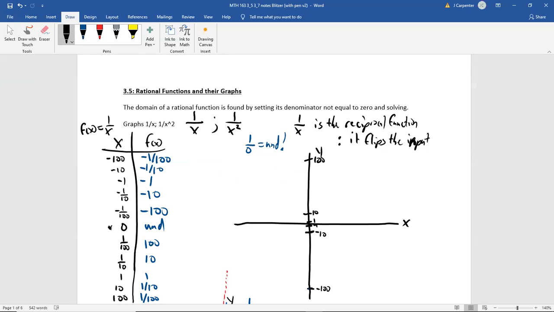So let's go all the way over here for -100, which would make this right here probably about the -10. It's getting really squished, but that would be the -1. I really can't write this, but right there would be the 1. About here would be the +10, and about here would be the +100.